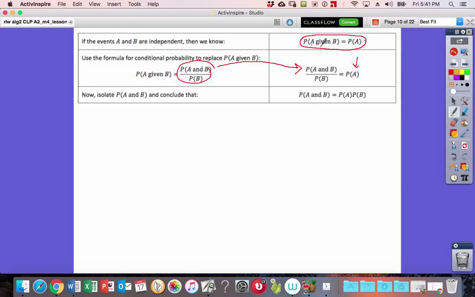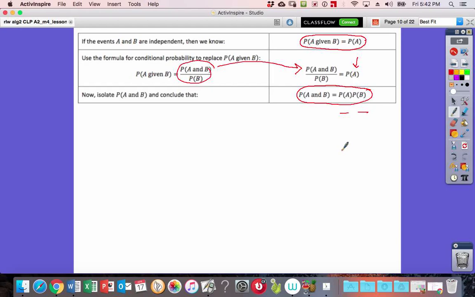They took this and they replaced it with this one right here. And then they cross-multiplied, or you could think they isolated the probability of A and B by multiplying times the probability of B on both sides. And look what we find. We find if you have two independent events, then the probability of A and B, you can multiply them.